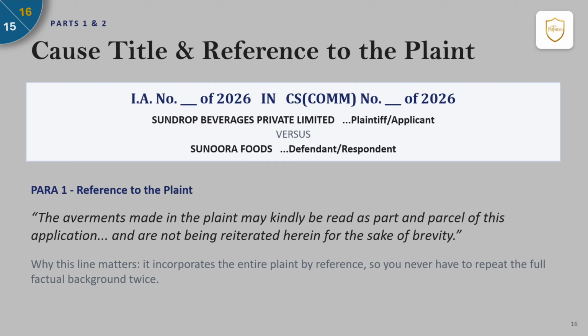Then para 2. Para 2 is basically a drafting habit I want you to adopt, because the first paragraph of almost every IA incorporates the plaint by reference instead of repeating it. And this gets straight into the urgency the judge actually needs to hear about.